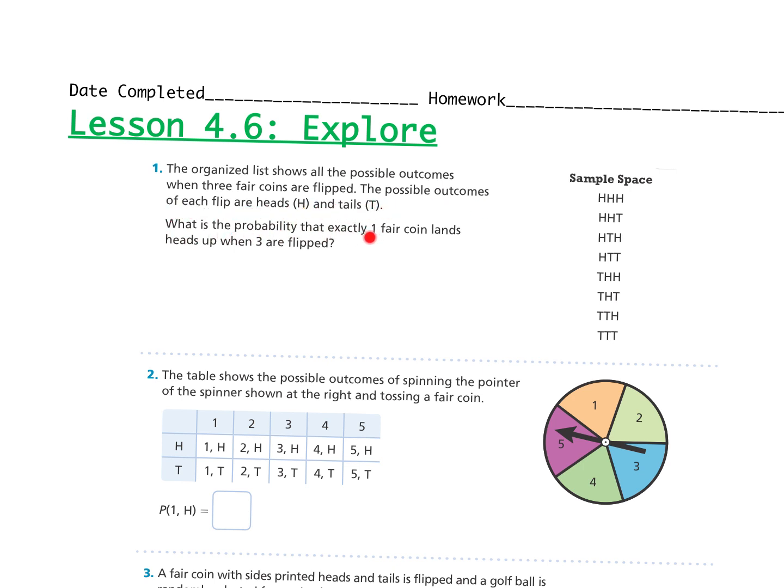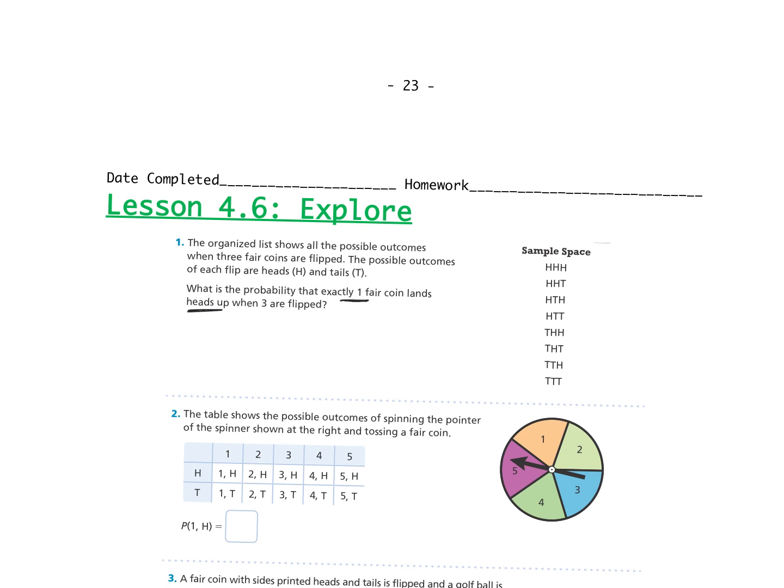What is the probability that exactly 1 fair coin lands heads up when 3 are flipped? So you flipped a coin 3 times. What is the probability of getting 1 heads? You only want 1. So remember, and you might want to write this on the top of your paper, probability is the event you want.